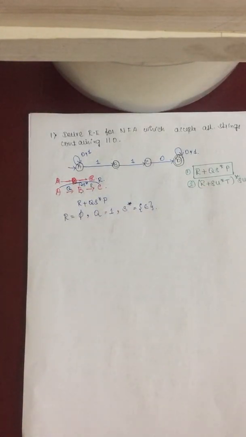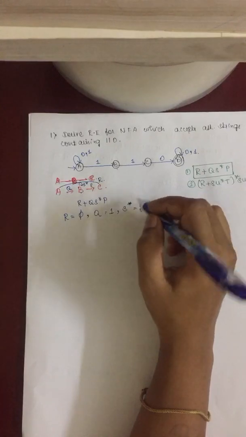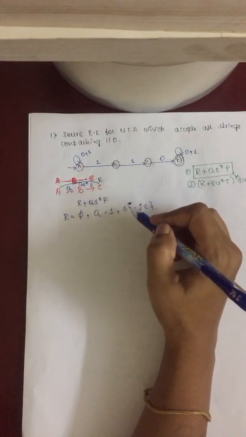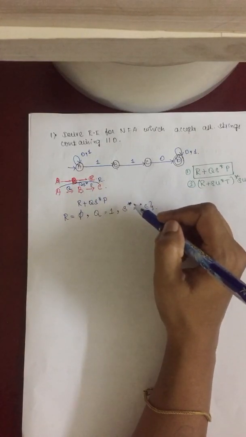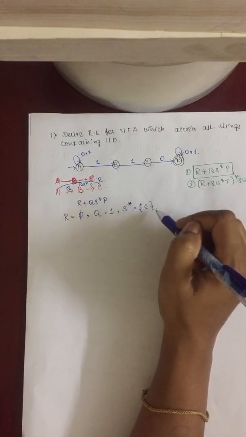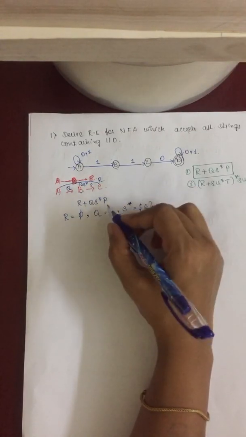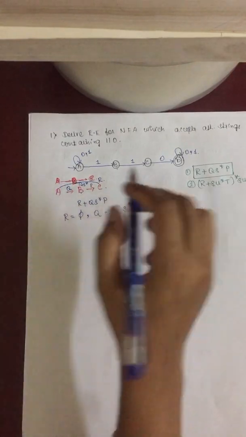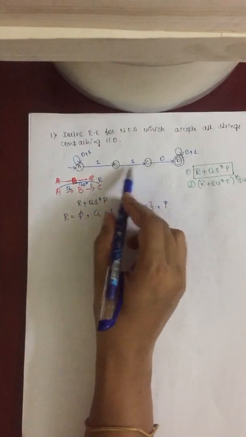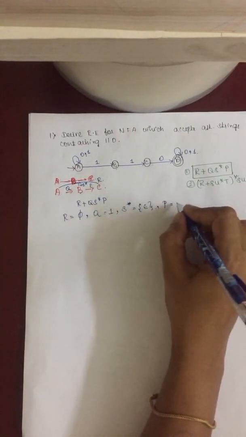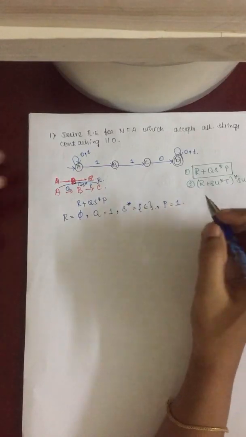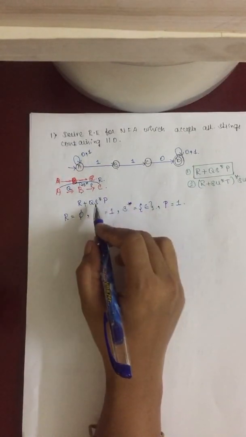Since it is a self loop, why are we writing it as epsilon? When we make a transition, if you want to remain in the same state, none of the input symbols is actually needed, and that can be represented as epsilon. Then another variable is P. P is going to be the outgoing transition from the state which we are going to eliminate. So the P value is 1, right? Now you just apply all these values on this expression.